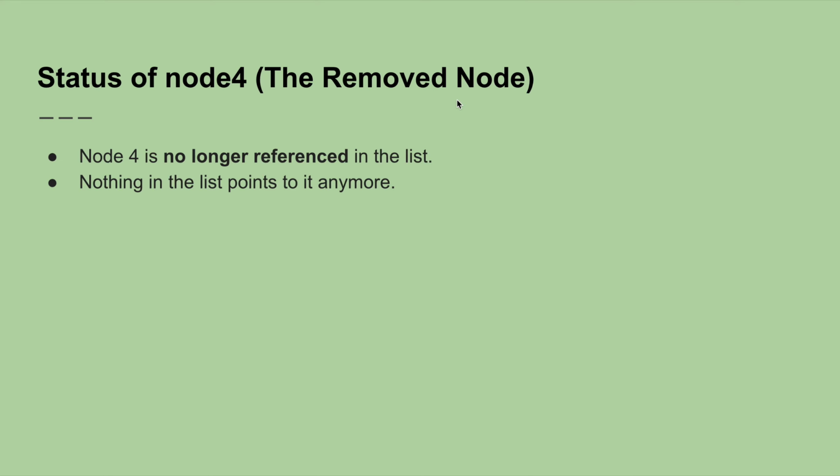No other node is saying that this is my next node. So nothing in this list points to it anymore, and it becomes unreachable.